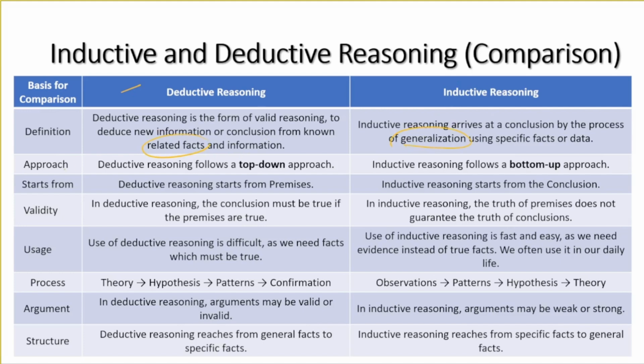The approach for deductive is top down, while inductive is bottom up. Okay, so deductive reasoning starts from premises, while inductive starts from conclusions. Okay, so that is the idea of two different worlds or environments of that particular reasoning. Okay, then validity is very good to digest over here. Hold on.